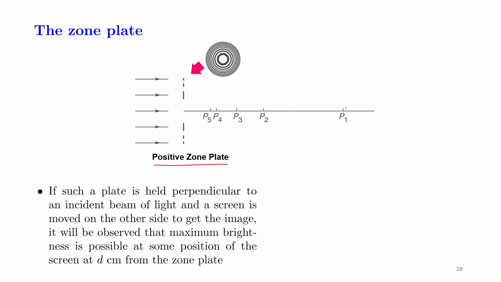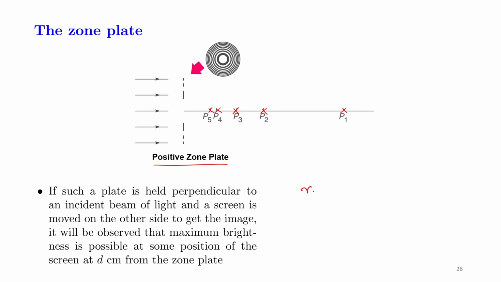So what we would do is that we will change the position of the screen and place it at P1, P2, P3, P4, P5 etc. and try to find out the intensity that is produced at those particular positions.